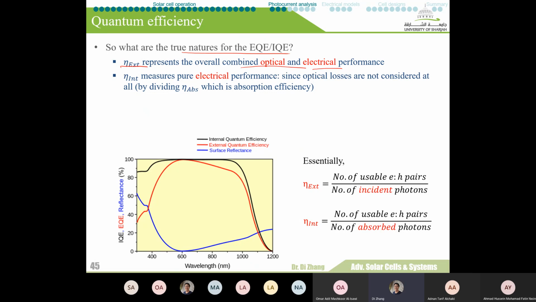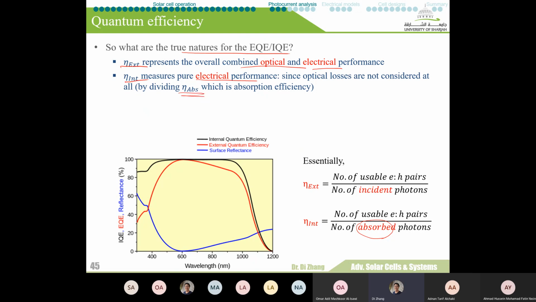While at the same time, the internal is a pure electrical indicator, since from the definition you can see that we are not concerned with the absorption. We just divide by the absorbed number of photons, and in this case we ignore completely the absorption behavior. The missing link between them is the absorption efficiency.